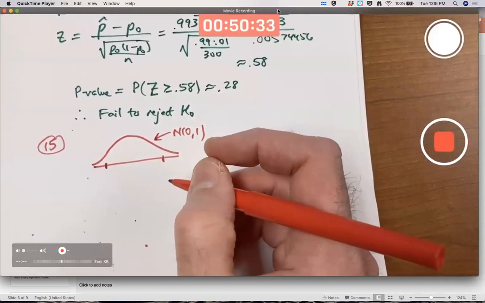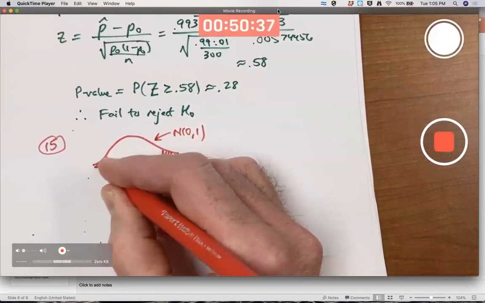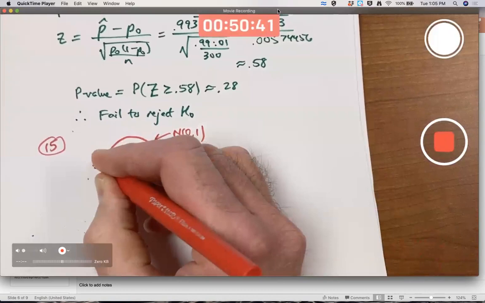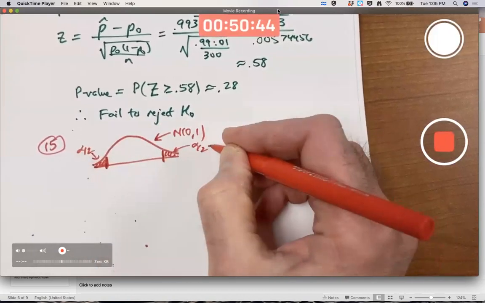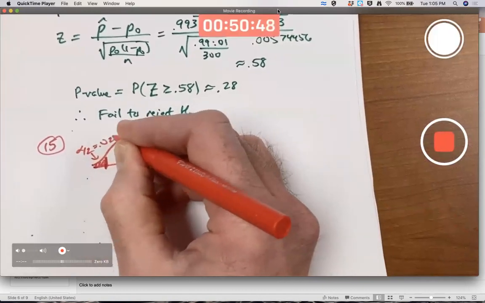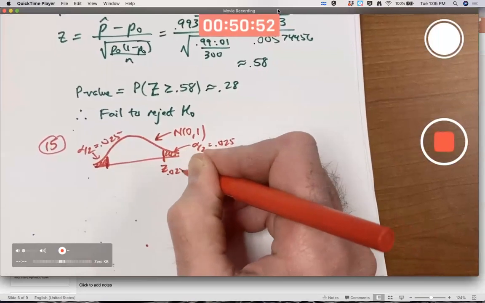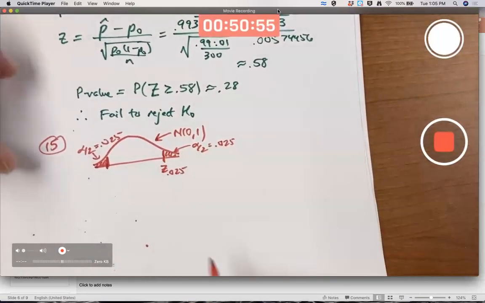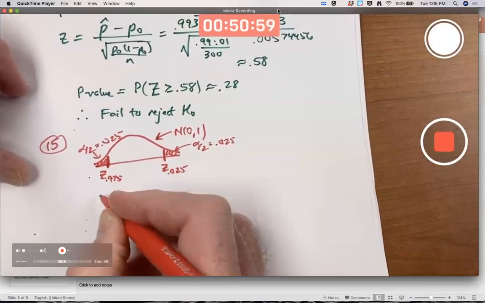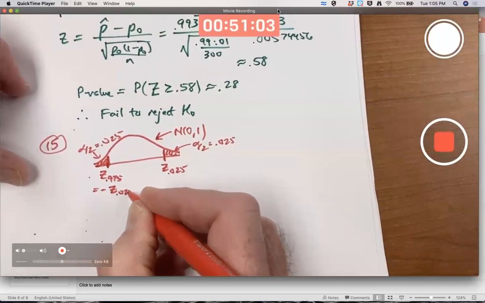So that means I need these areas to be alpha over 2, .025 for those areas. In other words, I need to find Z sub 0.025 and Z sub 0.975, which by symmetry is going to be the opposite, negative Z sub 0.025.